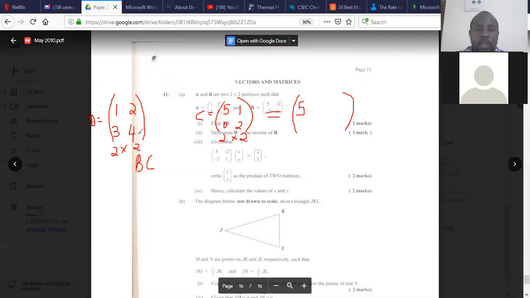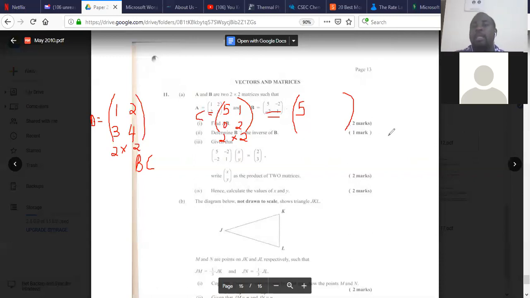I told you, once the amount of columns in the first matrix matches the amount of rows in the second matrix, we know they can multiply. But the amount of rows in the first one by the amount of columns in the second one tells you the order of the answer.